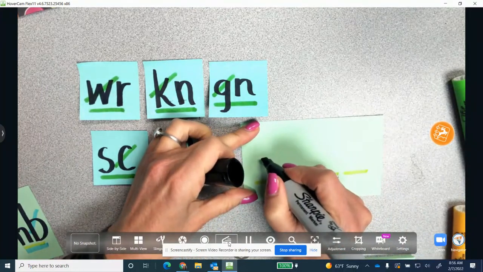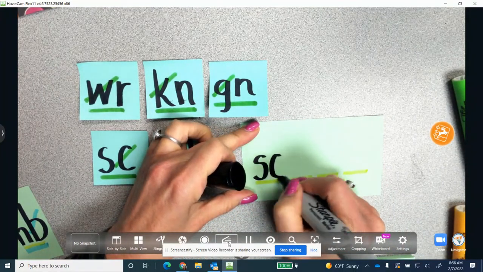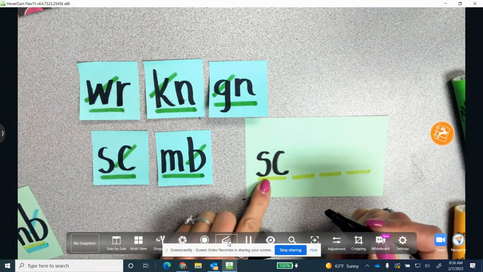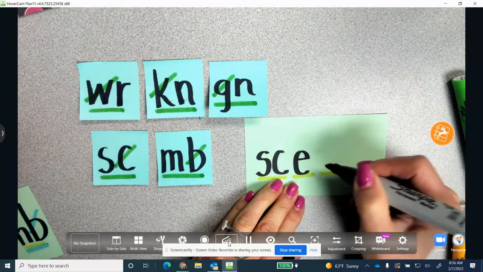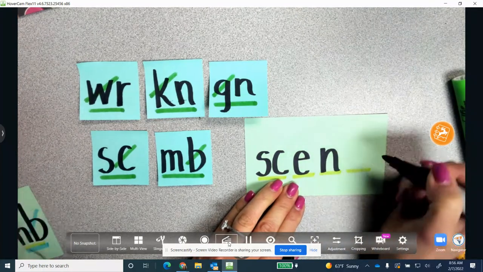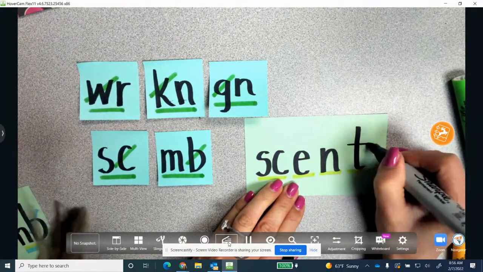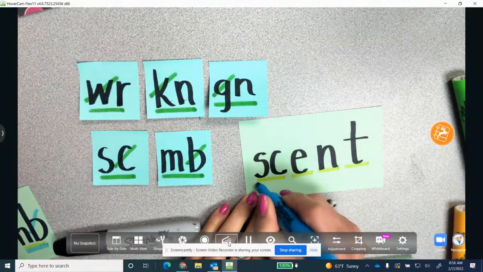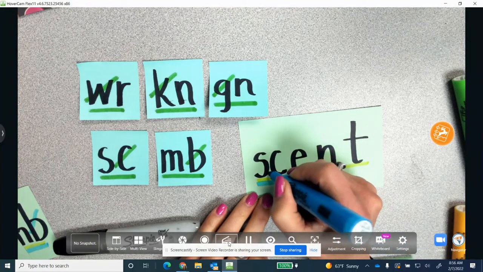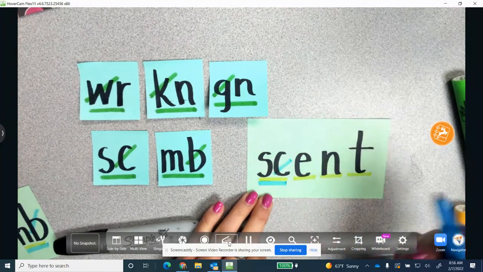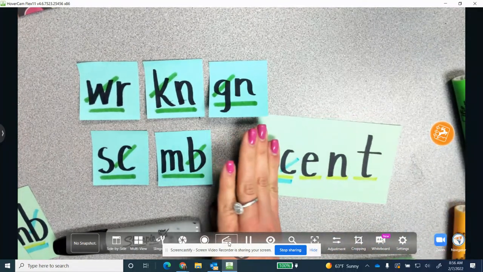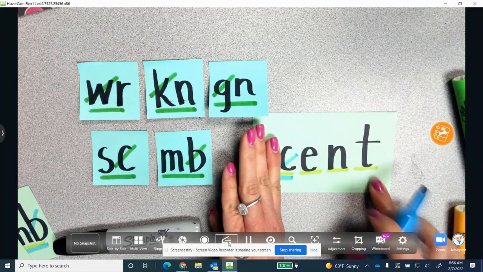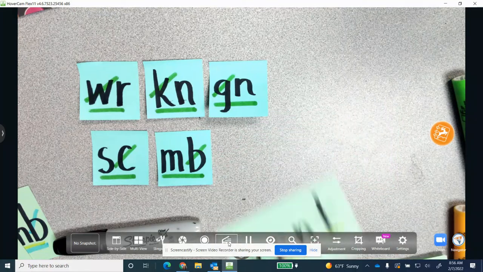First sound. Okay. This is our spelling pattern. Scent. Okay. So this digraph, the C is silent. Scent. Now this is the homophone I was talking about. Cent, as in 1 penny.